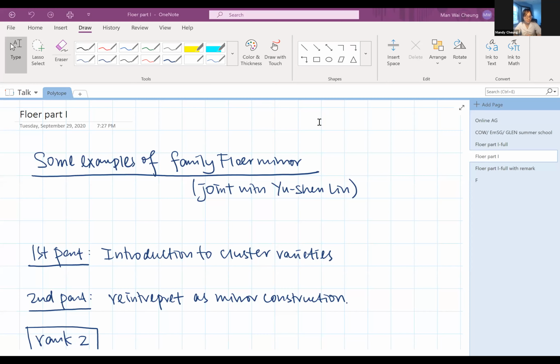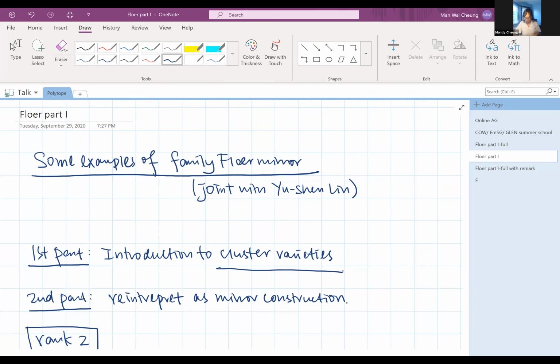As for the structure of today's talk, we have two parts. The first part is elementary, and the second part will be about my result. The first part is an introduction to cluster varieties. In the end you can see I can skip clusters in this project, but from my point of view, cluster varieties give me all the motivation for how this construction works.